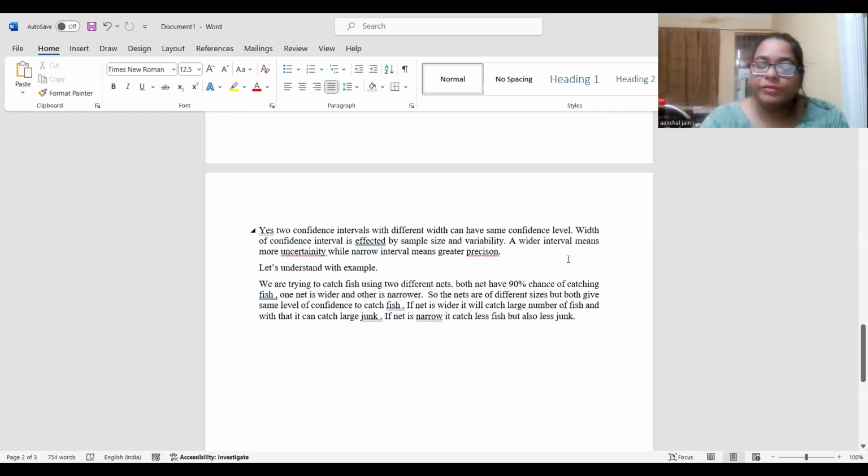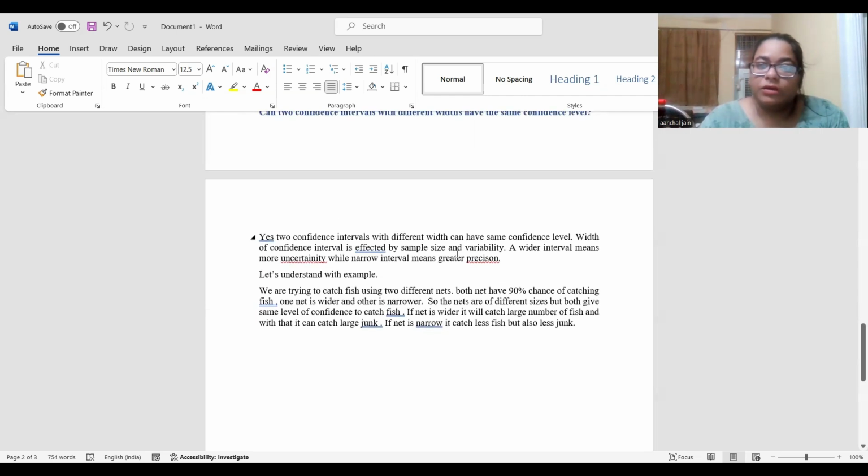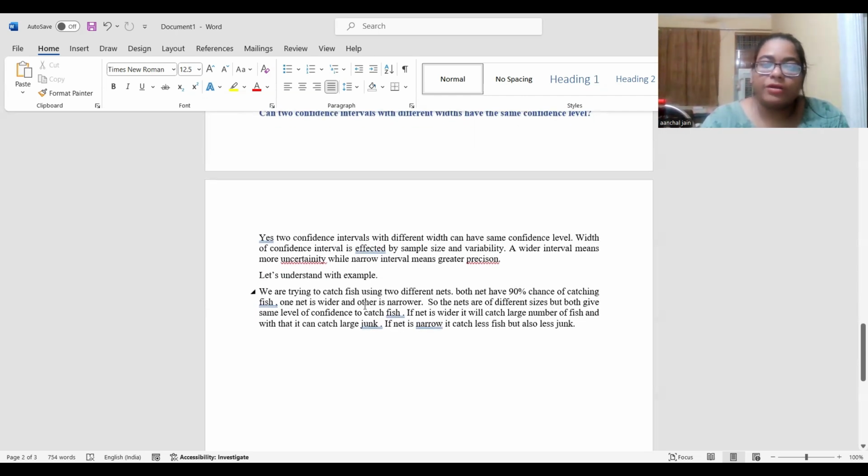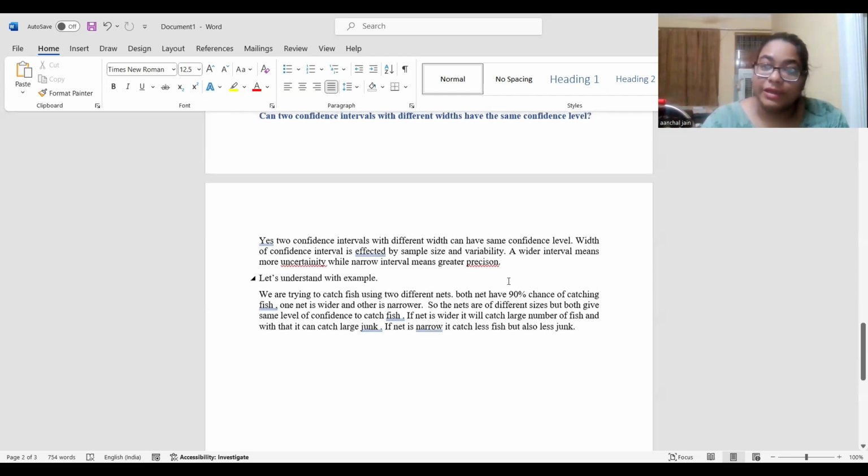A wider interval means more uncertainty, while a narrow interval means better precision. Let's understand it with an example. Here I have used an example of catching fish using two different nets, and both nets have a 95% chance of catching fish. So that 95% is the confidence level.